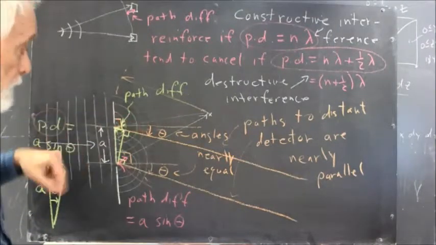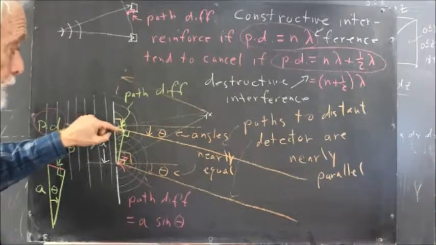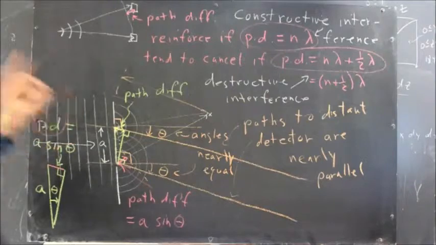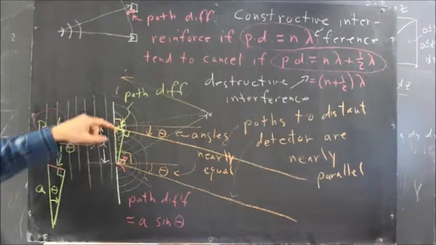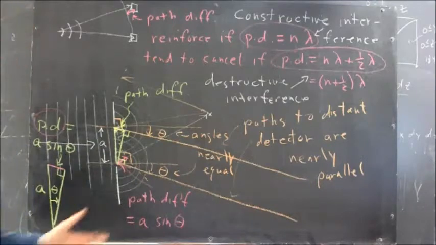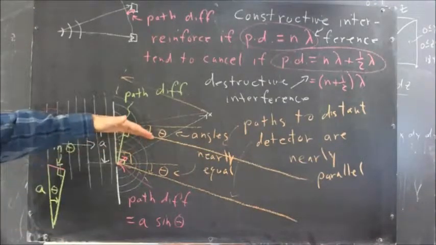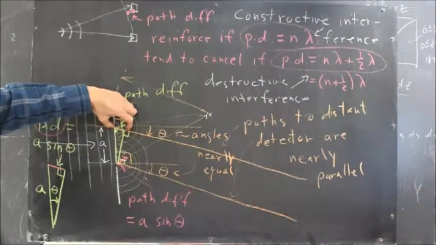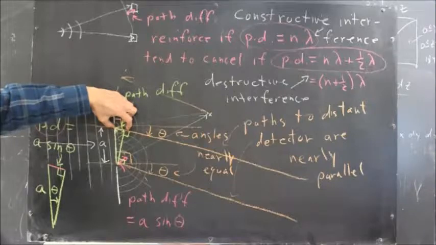If you move to this angle, then if this corresponds to one full cycle, so that path difference is equal to a whole wavelength, then the peaks of this will meet the peaks of this when they finally meet down there at the detector. If we then increase the angle, this side is going to get bigger and bigger, and will at some point become 1.5 wavelengths.